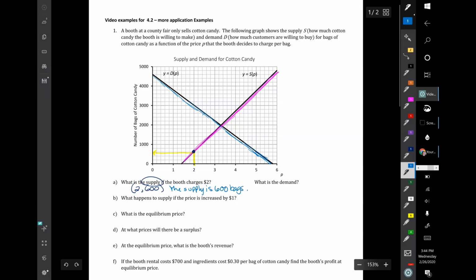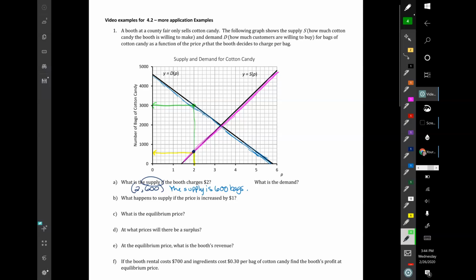Now, what is the demand? We take that same $2, but this time we keep traveling up until we hit the demand line, look to the left and see that our Y value is 3,000. So the demand is 3,000 bags.